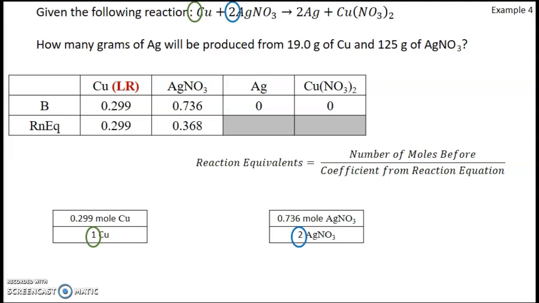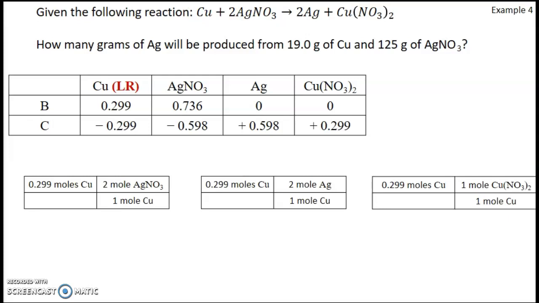We do the same process for the silver nitrate. The coefficient is 2 instead of 1. And that gives us 0.368 reaction equivalents for silver nitrate. Copper has fewer reaction equivalents than silver nitrate, so that means we are going to run out of the copper before we run out of the silver nitrate. So we mark copper as our limiting reactant.